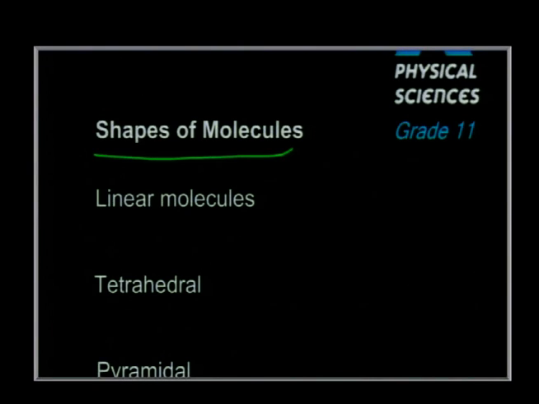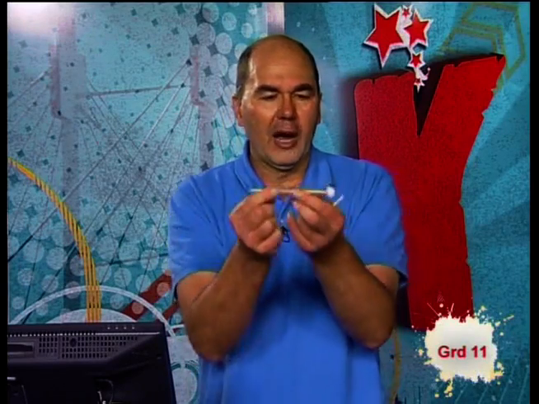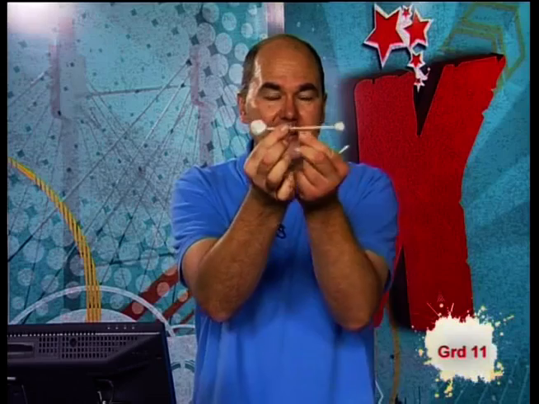Okay, I want to move on to the next idea, which is a very important one, and that deals with the shapes of molecules. Now, remember I said to you that hydrogen chloride can be represented as 2 atoms joined together. I want to show you. If we've got 2 atoms, let's take this little piece of press stick and this little stick here representing a chemical bond. We're going to say that hydrogen is the small atom, chlorine is the big one, and there's the bond.